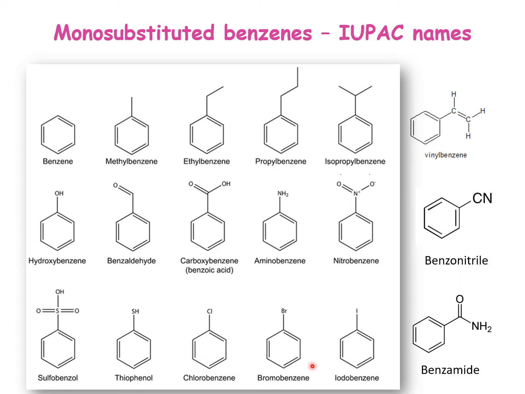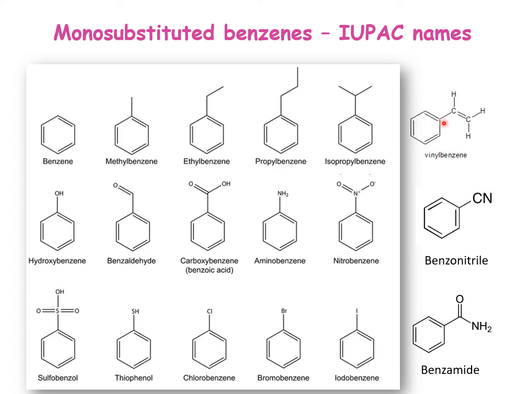Halogen containing benzene derivatives, we can have fluorobenzene, then chlorobenzene, bromobenzene and iodobenzene. There is also vinyl benzene. Now vinyl benzene contains a substitution of two carbon atoms like ethyl benzene. Just there is the presence of a double bond which is in conjugation with the ring.